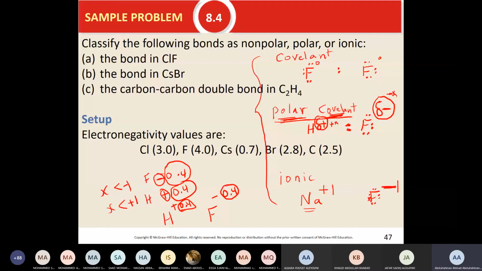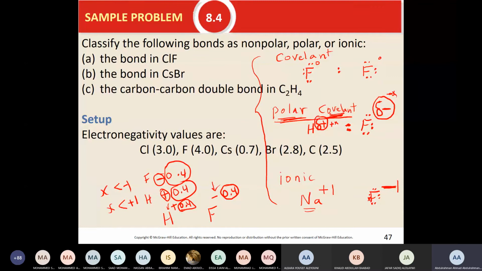And I'll give minus for fluorine and plus for hydrogen. But why did I put minus for fluorine and plus for hydrogen? Because fluorine gains electron density, or is electronegative. Is this clear?